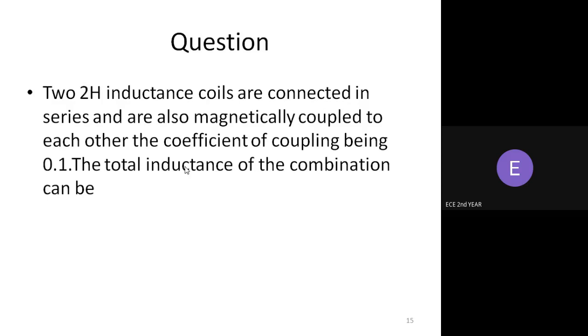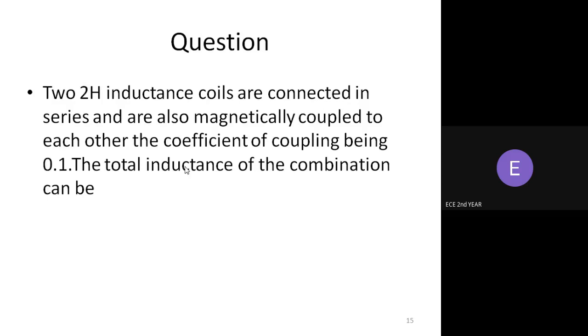Here there are two coils, L1 and L2, both having 2 henries, and these two inductances are magnetically coupled to each other. The coupling coefficient between L1 and L2 is 0.1.